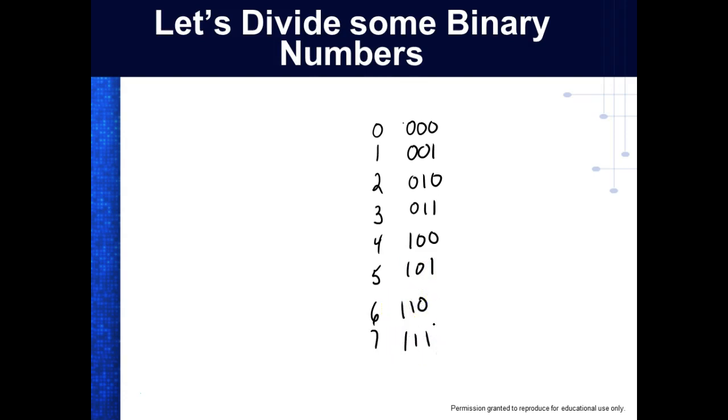And notice we run out of combinations. So each digit of octal has only 8 combinations. 3 bits of binary has 8 combinations. They work out to be exactly the same, right?